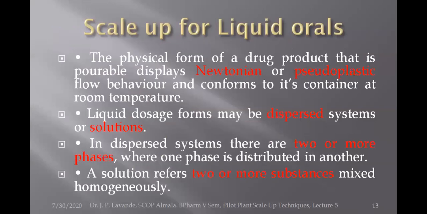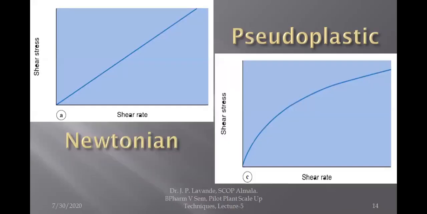The physical form of a drug product that is pourable displays Newtonian or pseudoplastic flow. What is Newtonian flow? What is pseudoplastic flow? While studying suspensions last year, we studied all these: Newtonian and non-Newtonian, Bingham flow, pseudoplastic flow, isn't it?